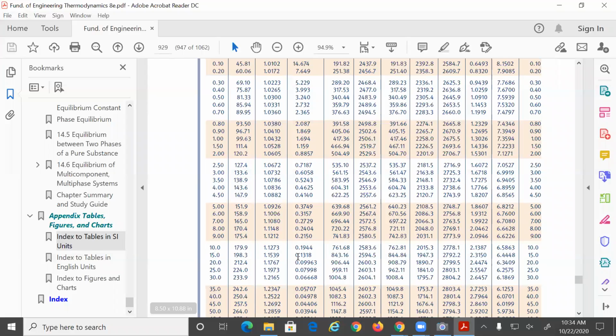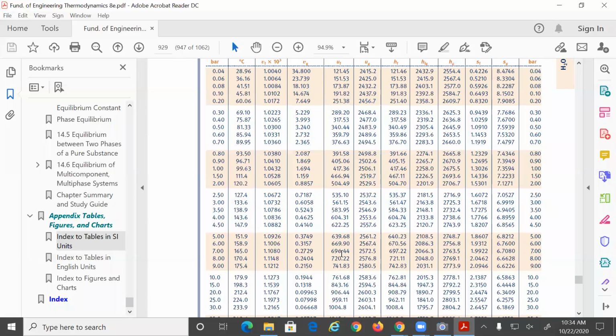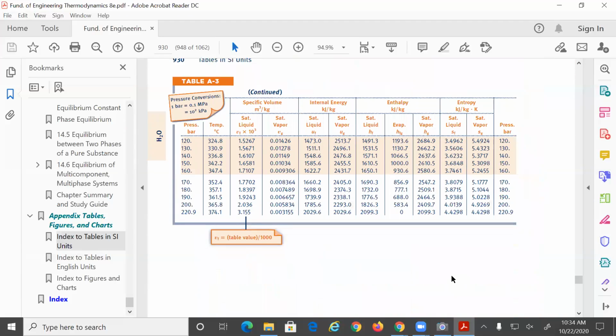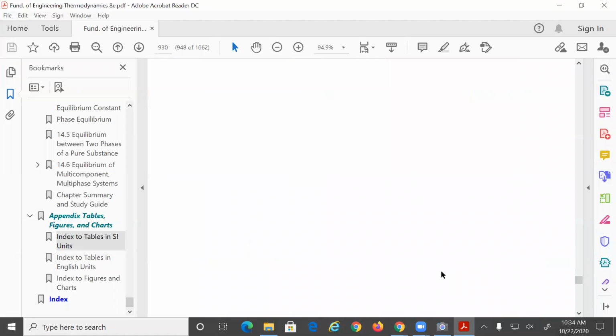Here we go. Which ones are the values for H fluid and H gas? What is H gas at 10 bars? 2,778.1, no? So what is the state of the water at point 3? Superheated.